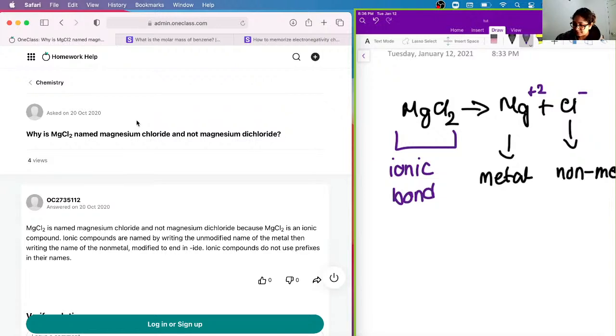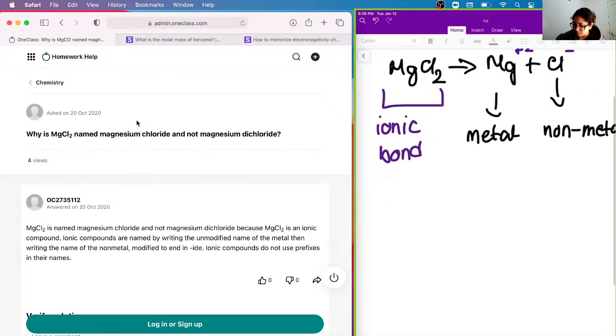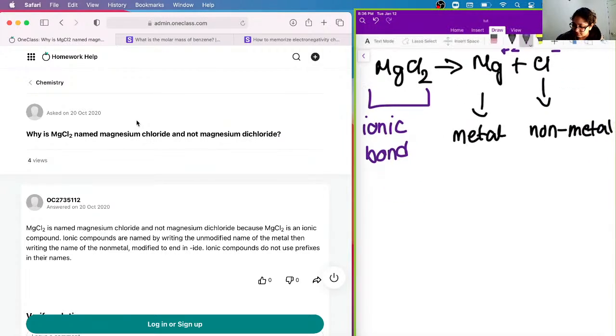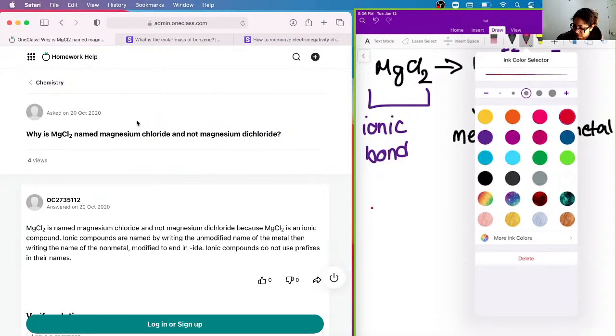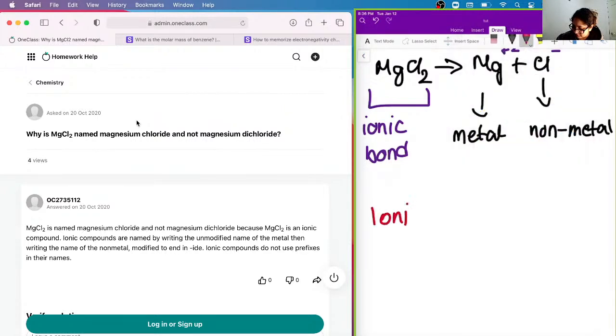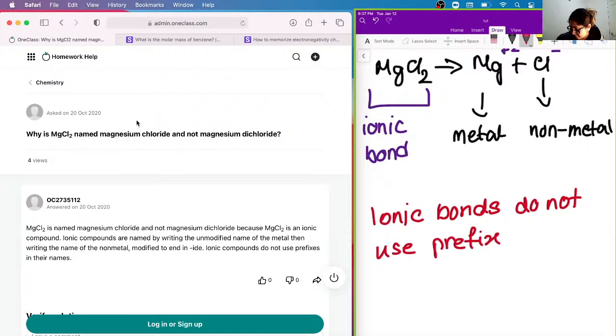Those are only for covalent bonds, or when you're dealing with two nonmetals. So ionic bonds do not use prefixes, only covalent bonds.